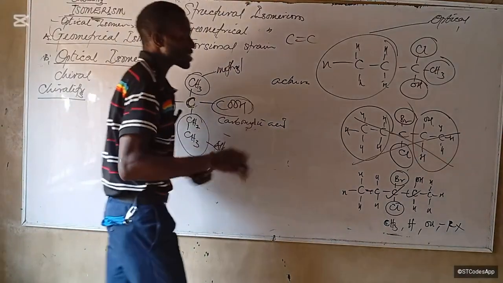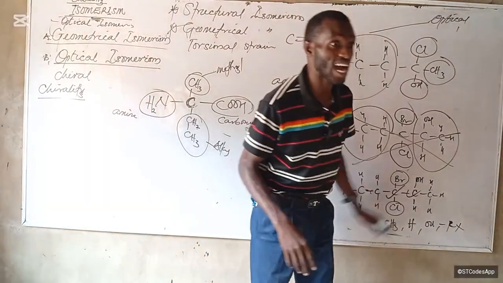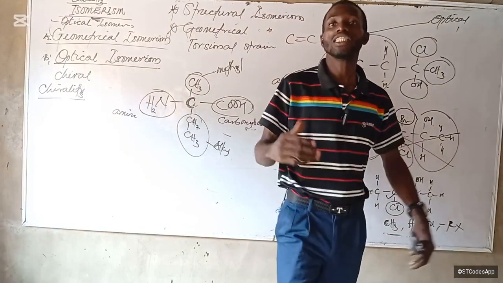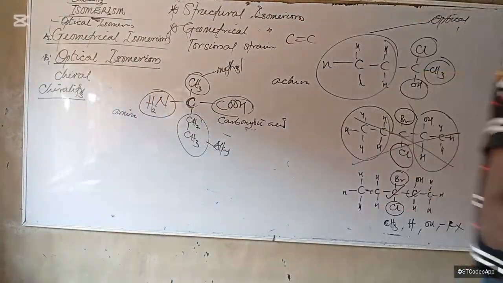Now, if these molecules exhibit chirality, if they have a chiral carbon at all, they will exhibit optical isomerism, right?